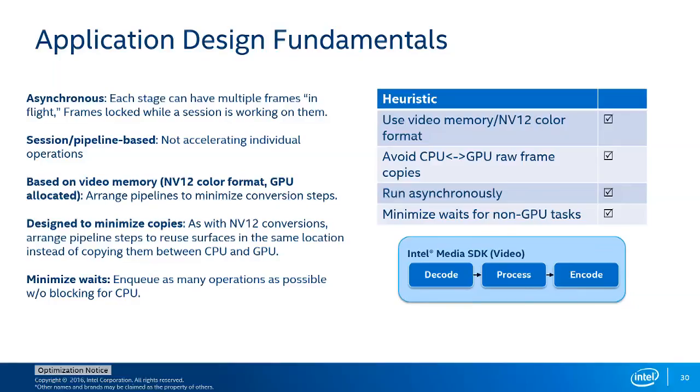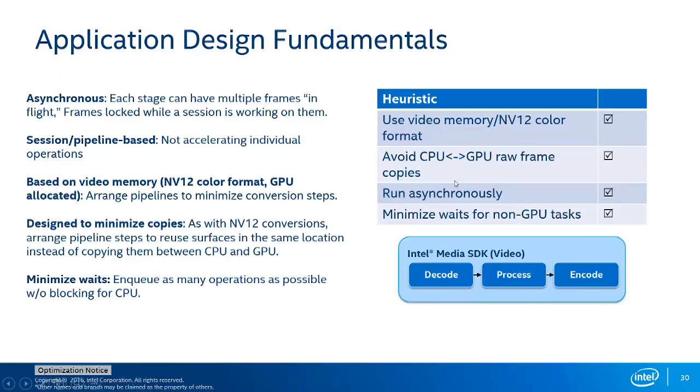So when you're optimizing, you can think of a really short list of heuristic checks. As you are going past your first implementation, trying to increase speed, you can try to make sure to get everything into NV12 and reduce color conversions.